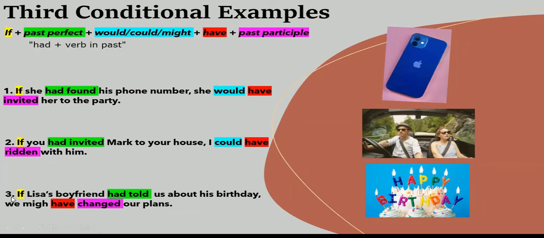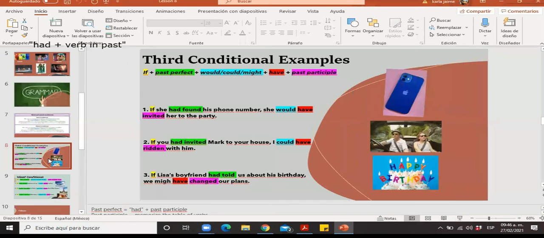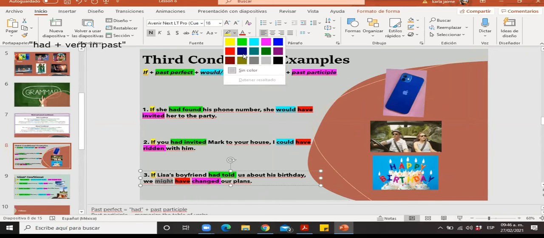And number 3, if Lisa's boyfriend had told us about his birthday, we might have, wait, I'm sorry about the mistake. We might have changed our plans. Let me just correct that. I'm so sorry. We might have changed our plans. And we know that might is one of the helping verbs.